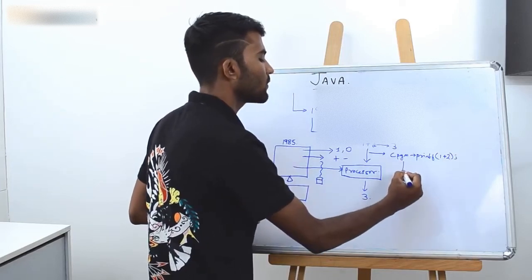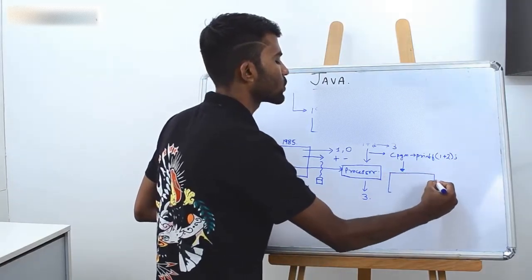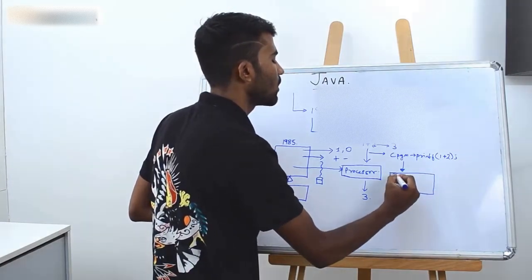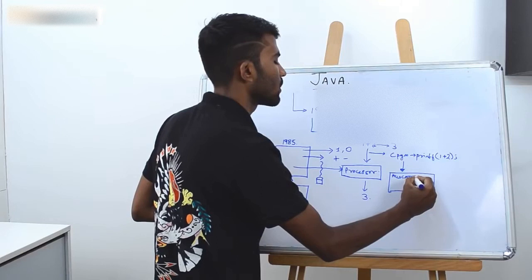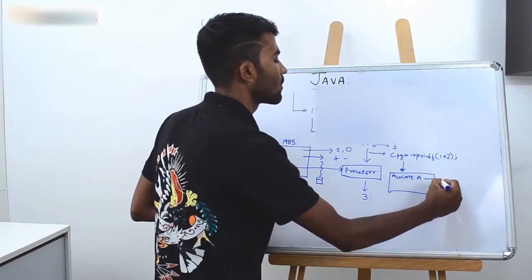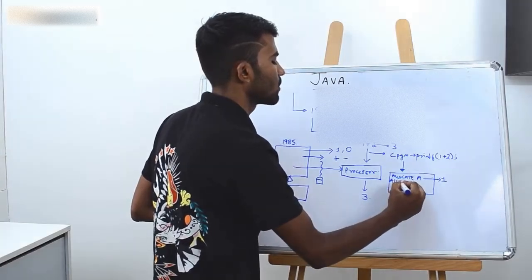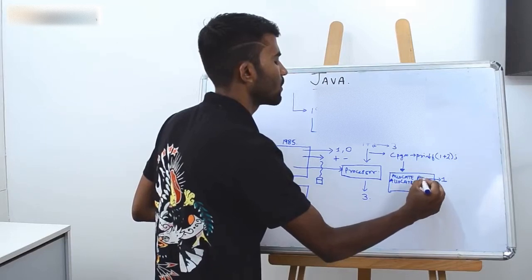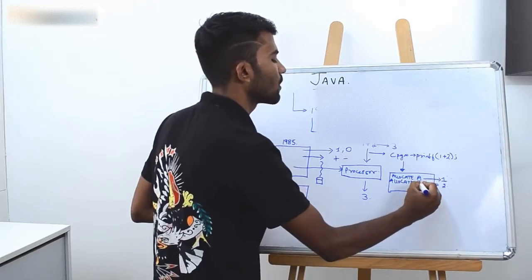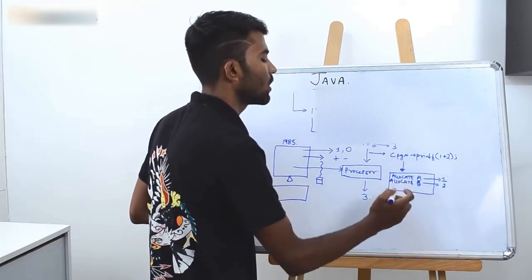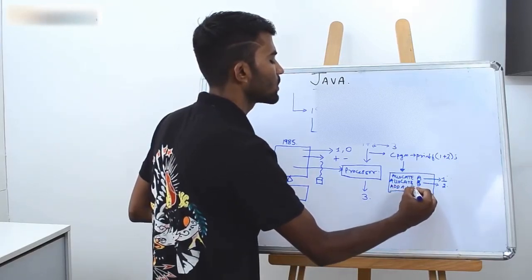When I compile this, I get assembly level language code, something like allocate A, allocate B. Now we are assigning memories. Then I'll try to add A plus B.